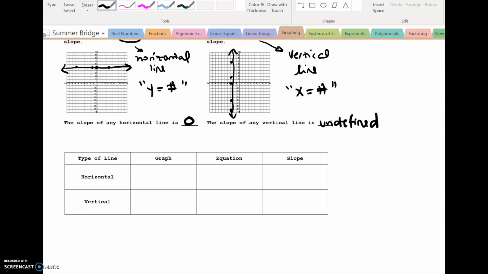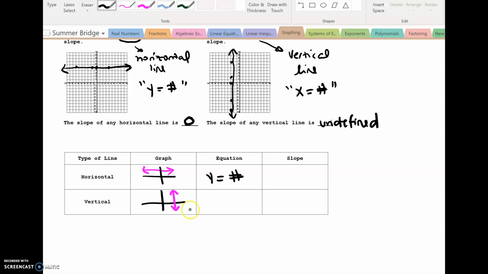So, to remember, horizontal line, we're talking about a coordinate plane and we're talking about the line being horizontal. Vertical, we're talking about a coordinate plane and we're talking about that line being vertical. We know that the equation for a horizontal line is always going to be y is equal to some number.